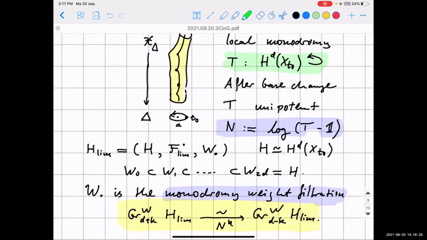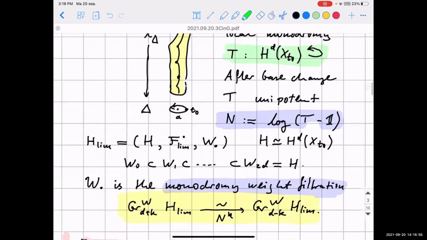Then it has a limiting Hodge filtration, obtained by taking a family of the ordinary Hodge filtrations and then taking the limit for the point t going to a. And then this monodromy N produces an extra filtration.